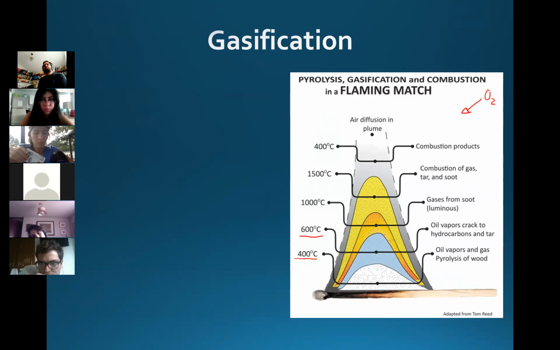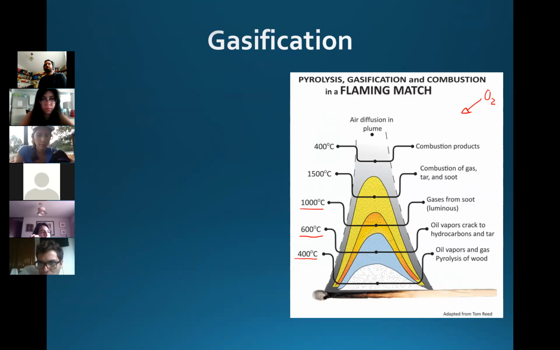And when the temperature raises a little bit more, these oils and vapors can start combusting, and around 1000 Celsius they start to be luminescent, right? That's the part of the flame that we see in orange. And at higher temperature, at around 1500 Celsius, we obtain the combustion of those gases, right?